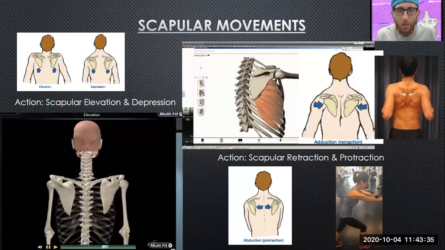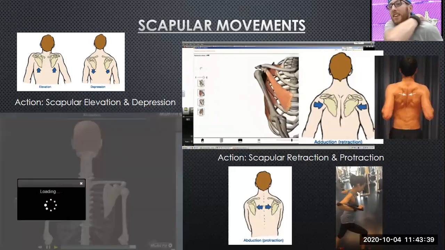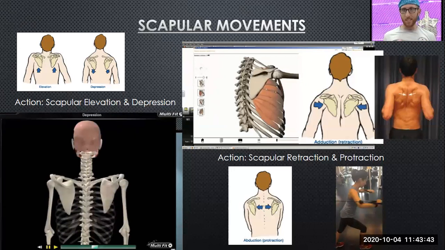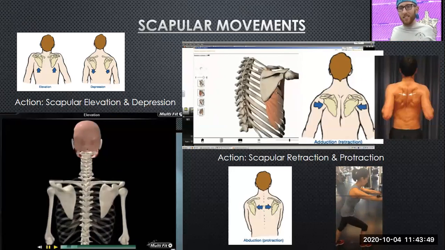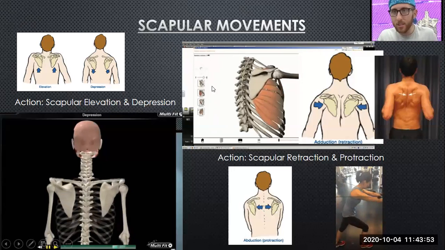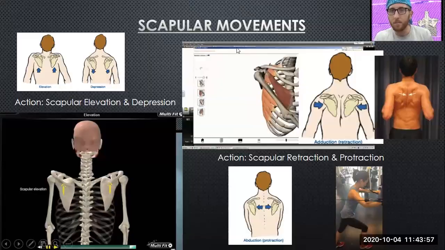Go ahead, at home, wherever you're at, give me some scapular elevation. Feel that scapula elevate. Then depress it. Try to pull your shoulder blades down as well. Retraction, protraction. Try it out, and the more that you feel these actions, the easier it'll be to learn.